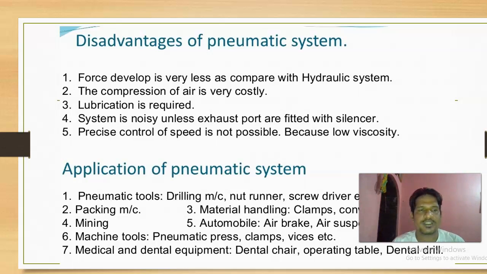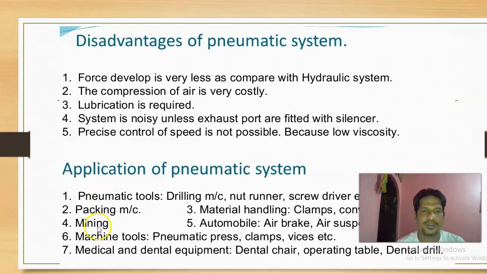So now we will discuss various applications of pneumatic systems. We can use pneumatic systems in pneumatic tools like drilling machine, nut runner, screwdriver, etc. Packing machines. Then material handling like clamps, conveyor, and robotic arm.